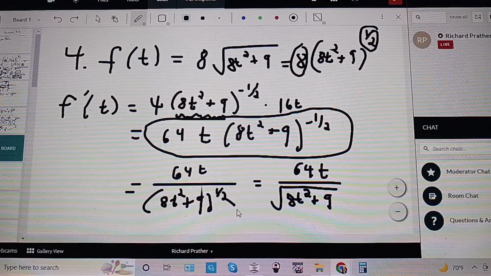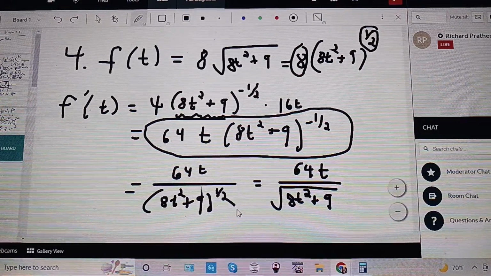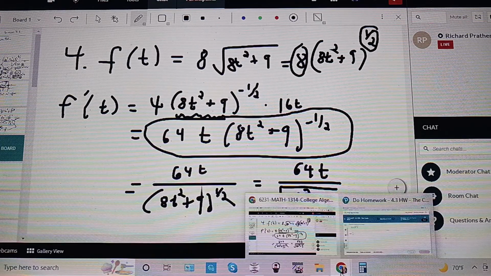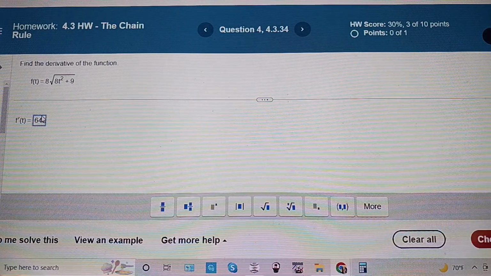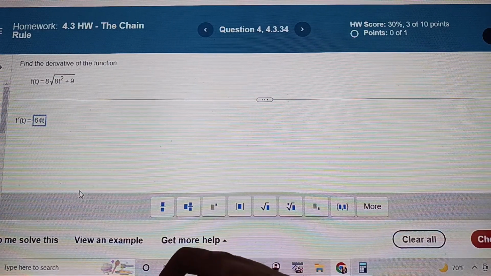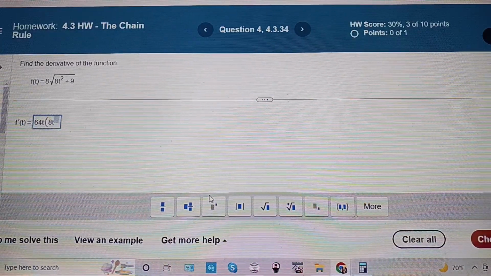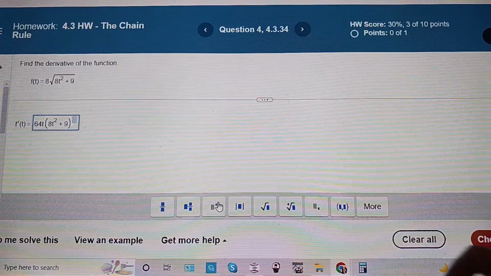But again, you're just wasting time and doing stuff that might cause a brain cramp type mistake where you leave something off accidentally. You could easily forget to write this square in your process of doing that, or other little mistakes that we all make. So 64t. And then I would just leave it in the parenthesis 8t squared plus 9, and then that'll be raised to the negative 1/2 power.